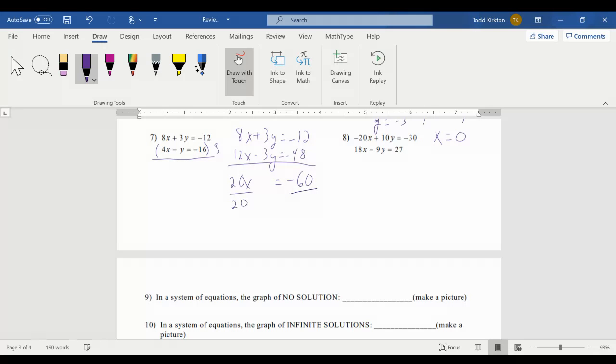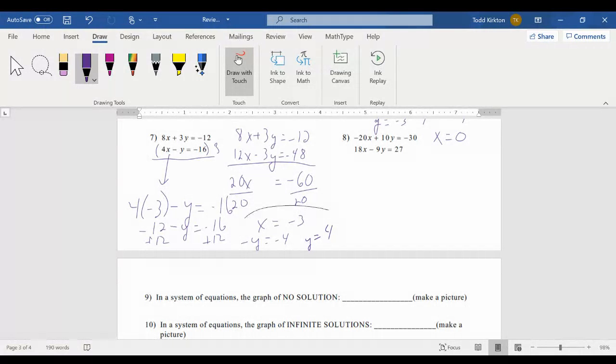Divide by 20. x equals -3. Second step is substitution. I can substitute in -3 for x. So I have -12 minus y equals -16. Add 12. -y equals -4, so y equals 4.